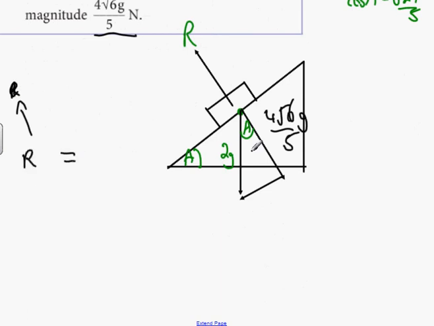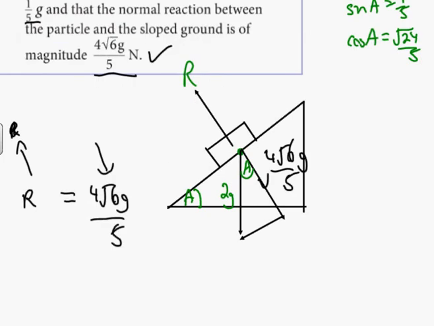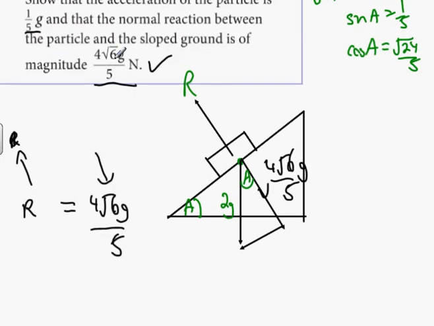What goes up perpendicular to the slope must be equal to what goes down perpendicular to the slope, because you notice that the block isn't sinking into the wedge, so they're perfectly balanced. So it means R equals 4√6 g over 5. That's proven. Okay. Show that the reaction force, that's done.